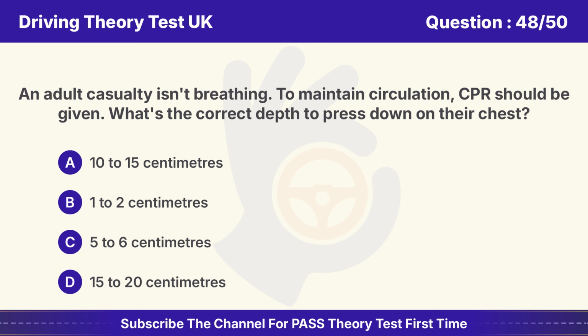Question 48. An adult casualty isn't breathing. To maintain circulation, CPR should be given. What's the correct depth to press down on their chest? Option A, 10 to 15 centimeters. B, 1 to 2 centimeters. C, 5 to 6 centimeters. D, 15 to 20 centimeters.